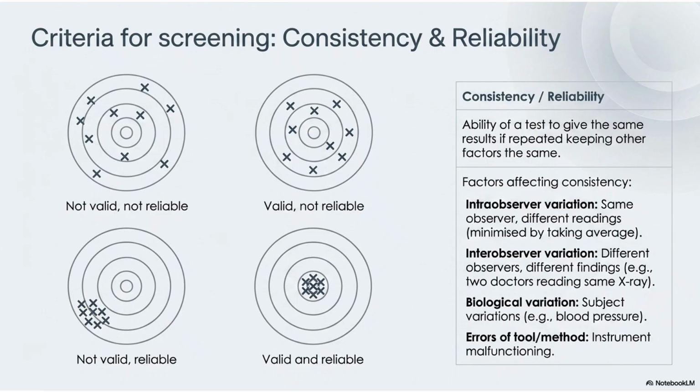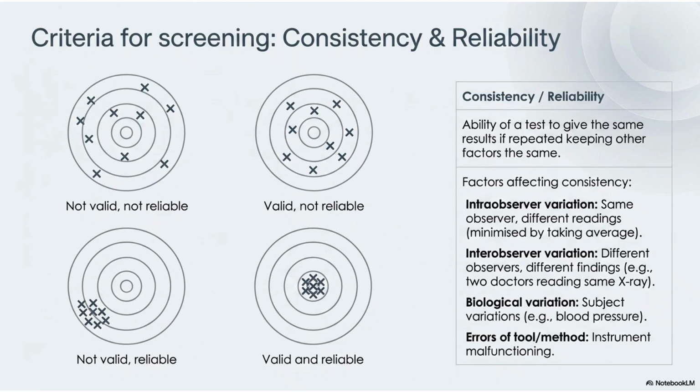In the second, if some three hits are near the center and the rest far from the center, it is valid but not reliable. Not reliable means different readings come at different times.